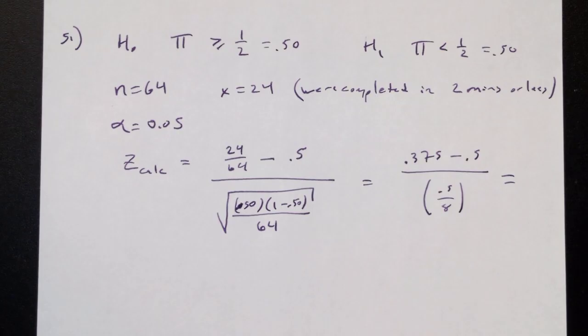Please notice that the top of that fraction is 0.5 times 0.5. That's 0.5 squared. The bottom of the fraction, inside the square root, is 64, which is 8 squared. So I take the square root, I get 0.5 over 8.